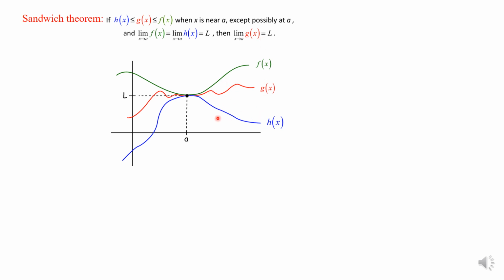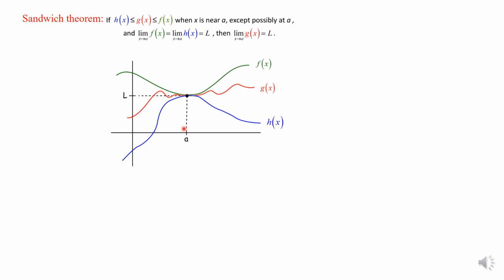So if you look at the graph, the green curve is f, the blue curve is h, and the red curve between them is g. Notice that g is always between f and h.